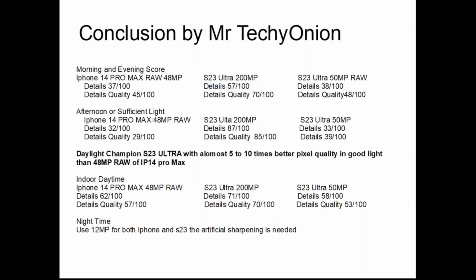Afternoon or sufficient light, that's when the iPhone really suffered because of the extra over processing it does. So for that, the details on the iPhone, I gave it a 32 out of 100. The quality only 29 out of 100 because too much sharpening going on, way too much, like when it's too bright.